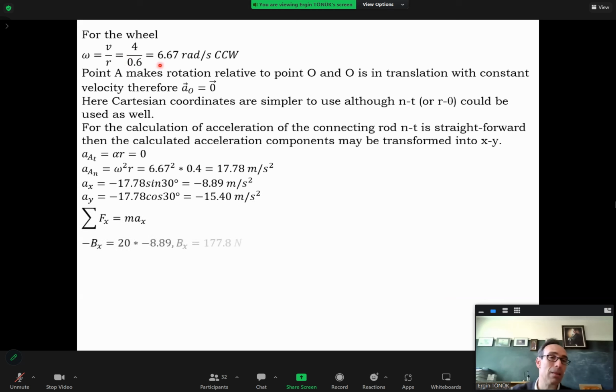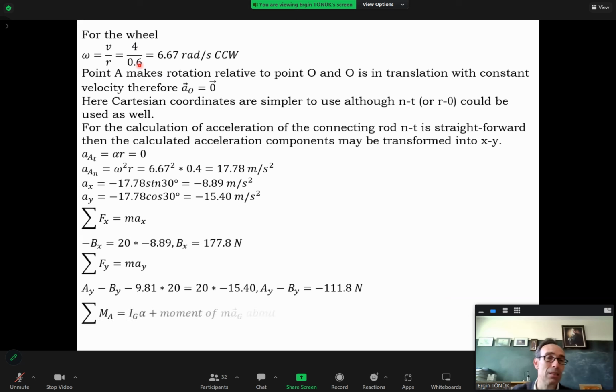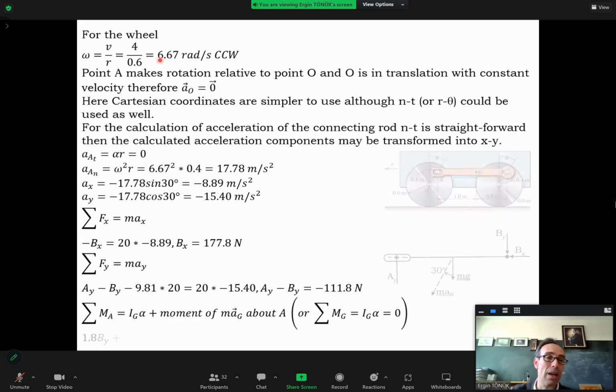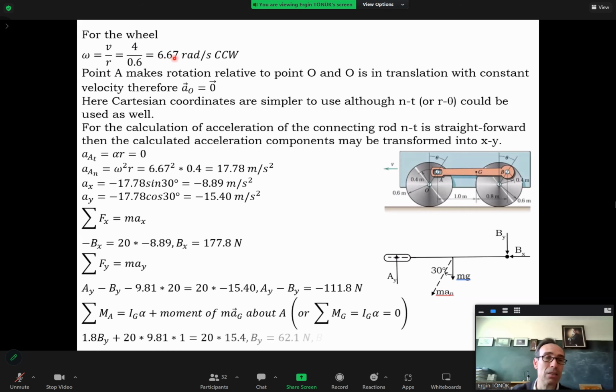So the vehicle was traveling by 4 meters per second and the radius of the wheel was 0.6 meters. So the angular speed of the wheel is 6.67 radians per second. Since the vehicle is traveling to the left, okay, and this is the instant center, the wheel should rotate counterclockwise.